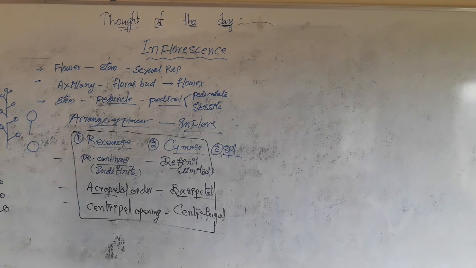So racemose inflorescences, what are their characteristics? Peduncle growth is continuous, so they are called indefinite inflorescences, and flower arrangement is acropetal and opening is centripetal.